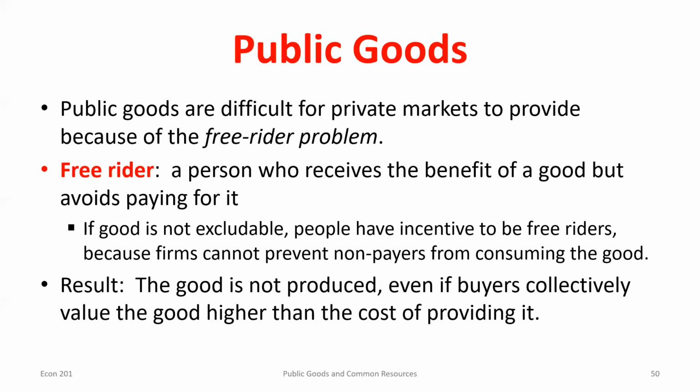And one thing that can occur, let's say that these three people all agree that they're going to pay a third for whatever this good is, right? So they know if they pool their resources together, they can all enjoy this public good, have whatever street lamps or whatever this public good is.